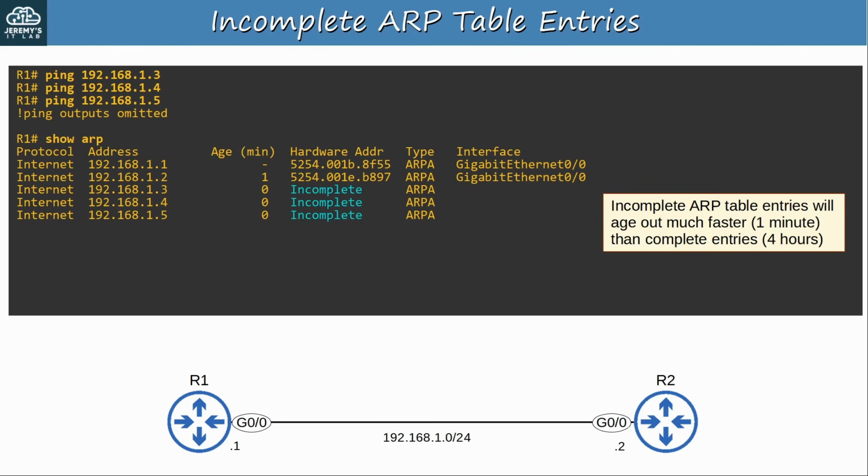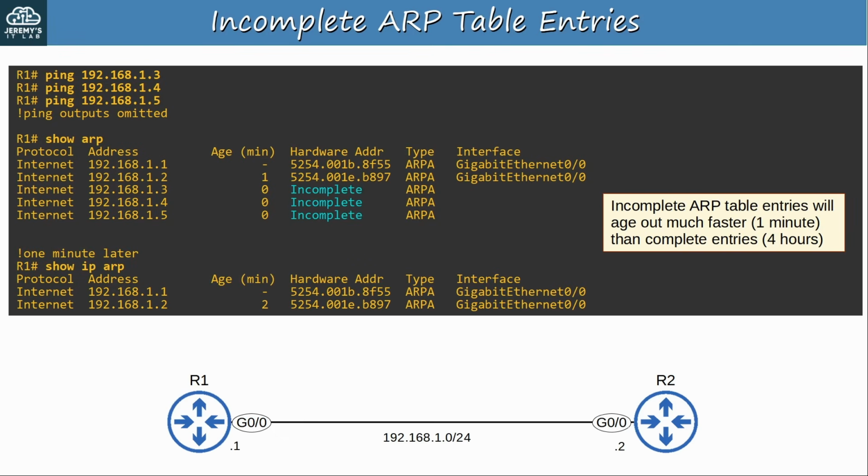Note that incomplete ARP table entries will age out much faster, in 1 minute, compared to complete ARP entries, which have a default aging time of 4 hours in Cisco IOS. To demonstrate that, I waited a minute and viewed the ARP table again, and the incomplete entries are gone. Let me point out that I used a different command to view the ARP table, show IP ARP instead of show ARP.